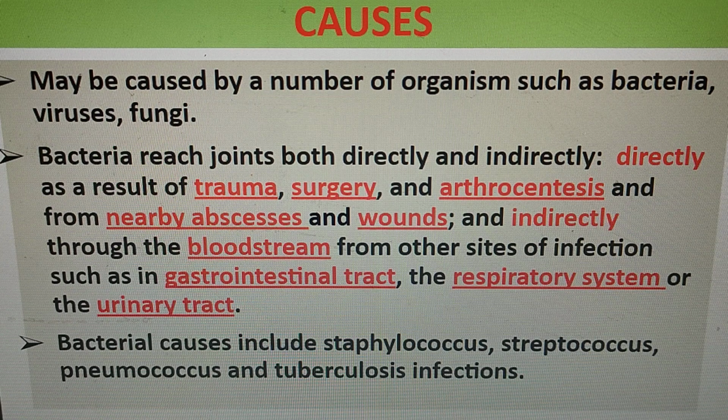And indirectly through the bloodstream, through your blood, from other sites of infection such as the gastrointestinal tract, through the mouth, esophagus, the stomach, the respiratory system, inhaling, exhaling through your lungs, or the urinary tract, from the urine, your organs.